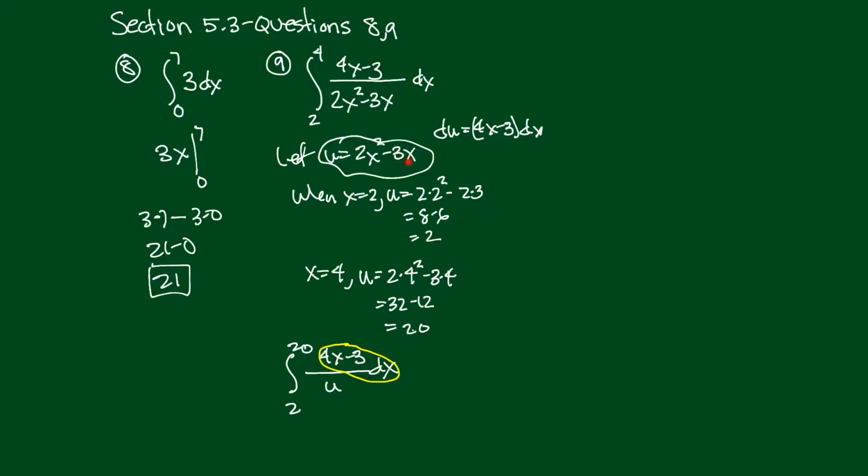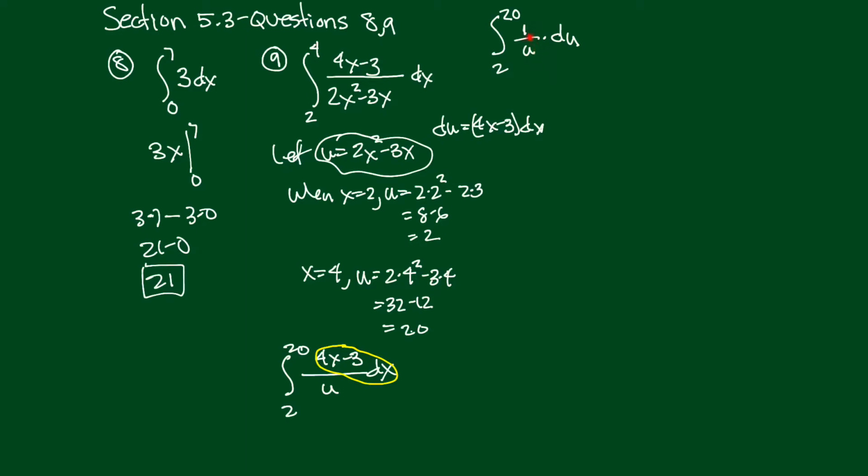If I start with my u, this is what I have, this is what I want, and what I have matches identically to what I want. So we can write our integral now as this, from 2 to 20 as 1 over u times, and then what is this? The 4x minus 3 dx? It's right here. It's just du.